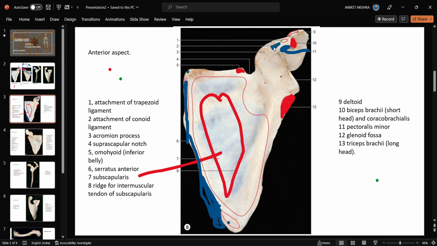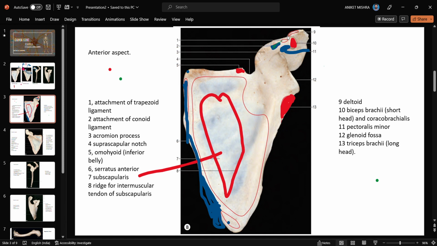So it originates from the lateral border of the coracoid process and the medial side of the tip of the acromion process. When we see the acromion process, we will see that it originates from the tip of the acromion process.